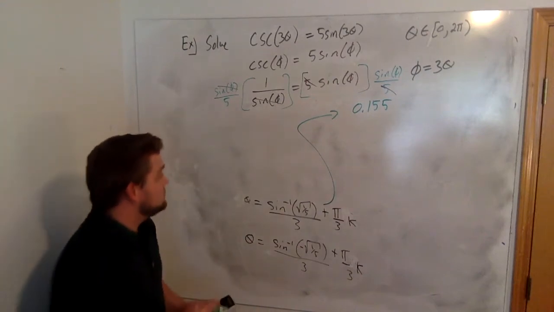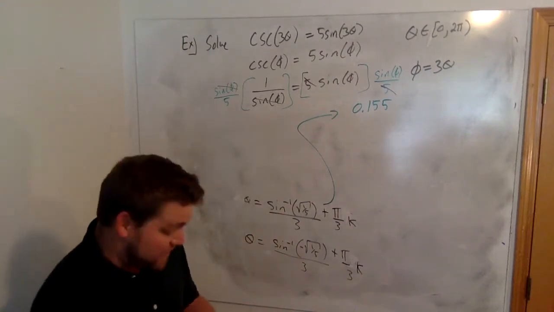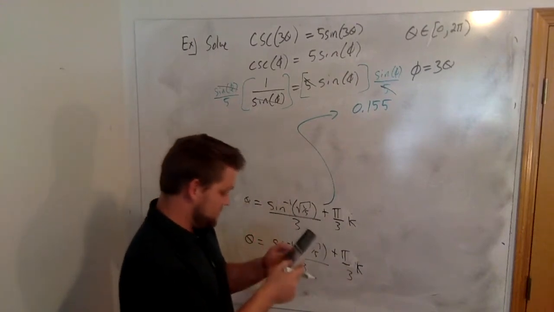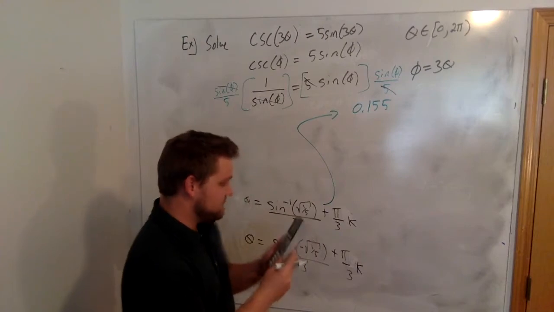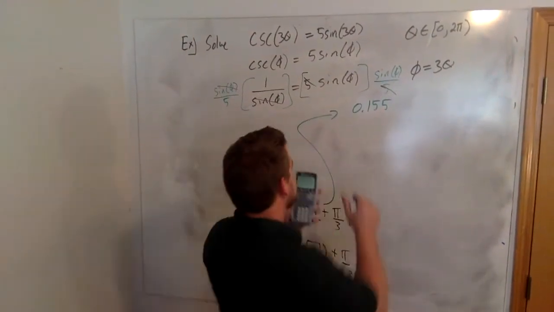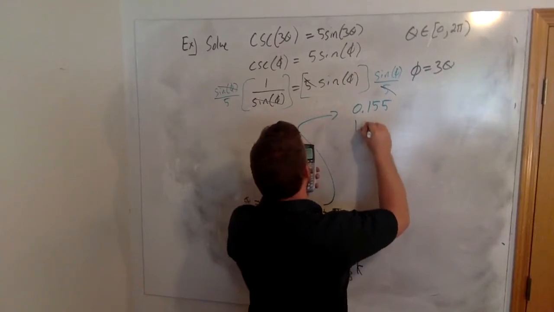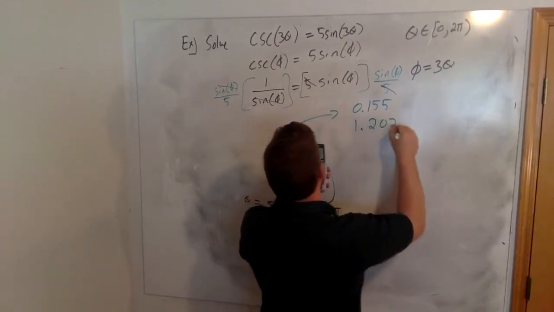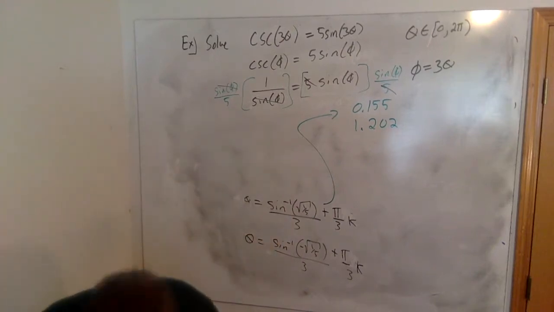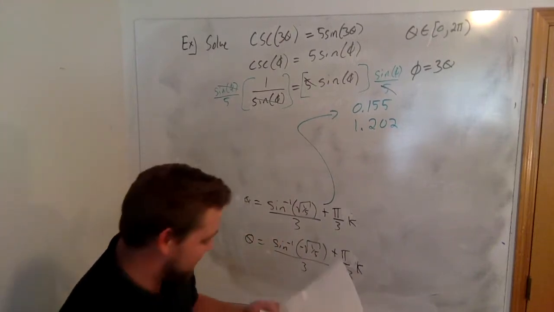Okay, and now I'm just going to keep adding pi over 3. So we're going to add another pi divided by 3. So then we'll get our second one. So we'll get a 1.202. So that's when k is equal to 2 for this one. So I already have these all written down already.